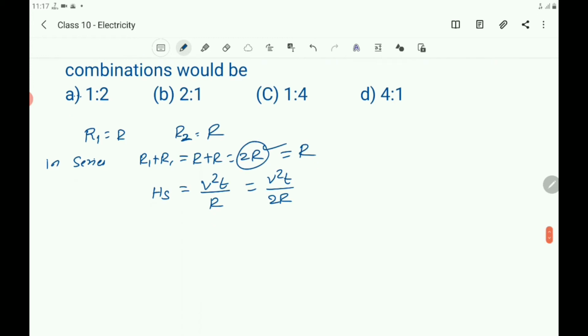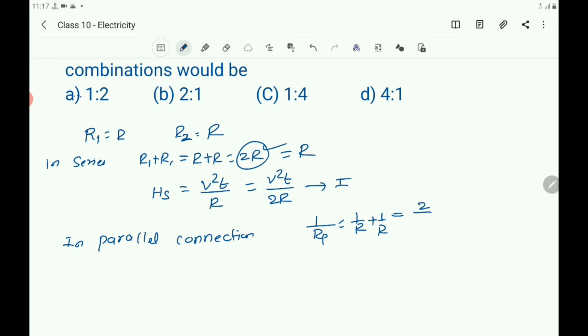Then in parallel connection, consider this is first one. In parallel connection, you know that 1 by Rp equals 1 by R plus 1 by R, that you will get what? 2 by R. So the equivalent resistance will be here Rs you have taken, here Rp.